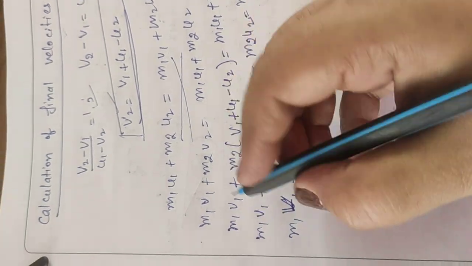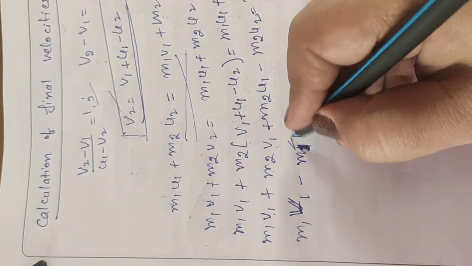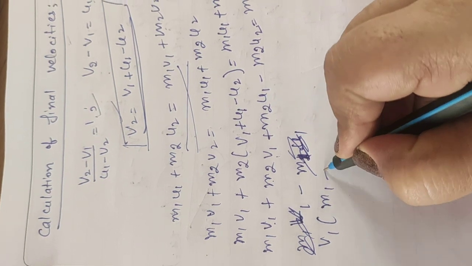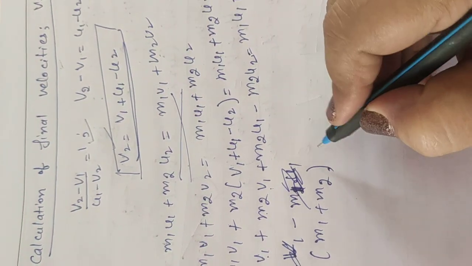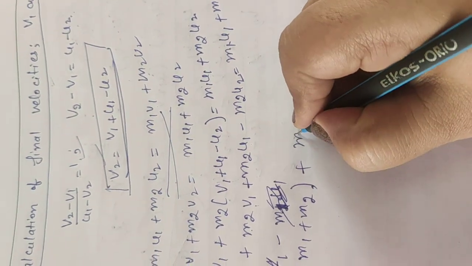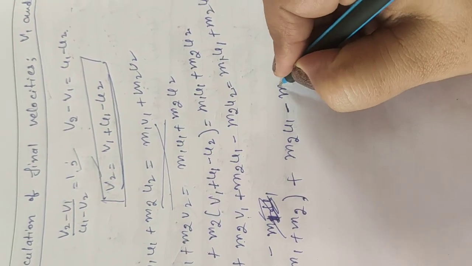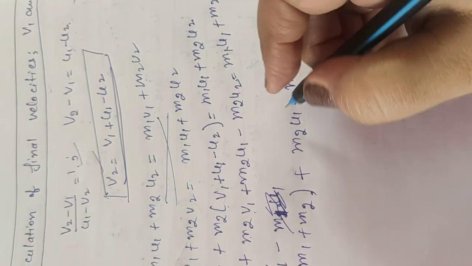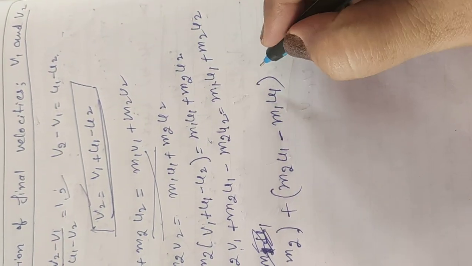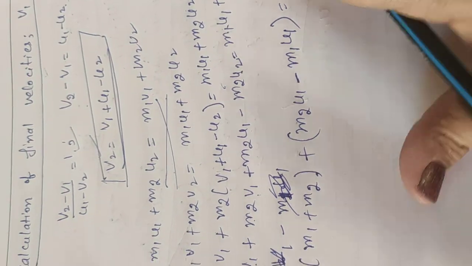We need to find v1 first, so v1 will be taken out, we get m1 plus m2. From there u1 is taken out, so this is m2 u1, this term will be taken to that side, minus m1 u1, and that minus sign is taken to that side, this is 2m2 u2, right?